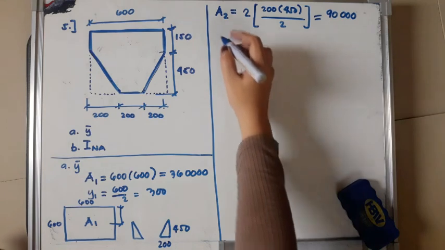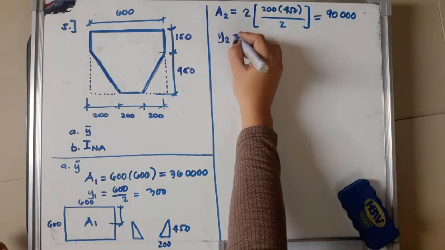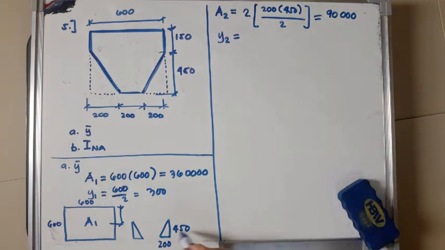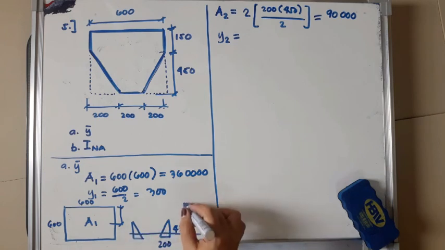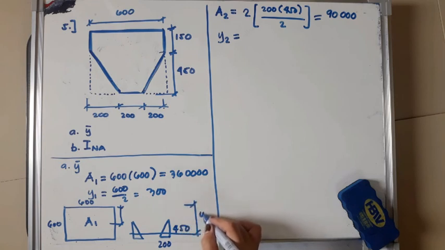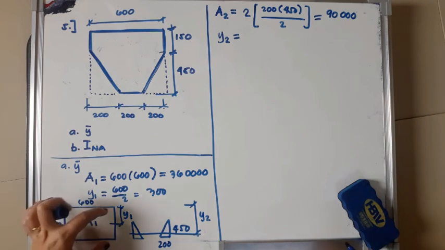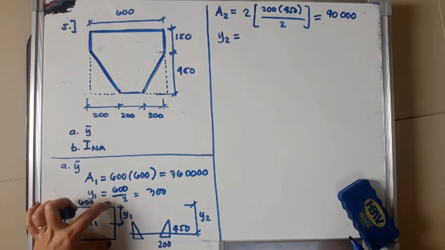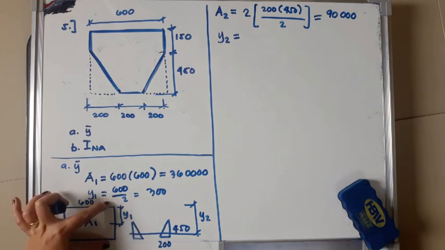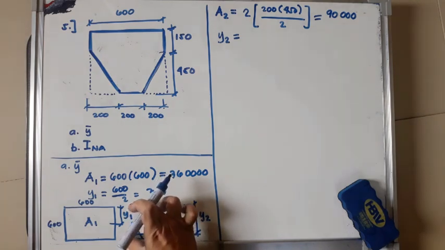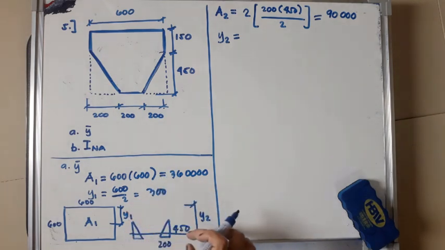Okay? Next, y2. y2 is the distance of the centroid of these triangles with respect to the top. So this is y2. So what's our y2? y2 is 600, the overall height, minus this distance here. So what is this distance?